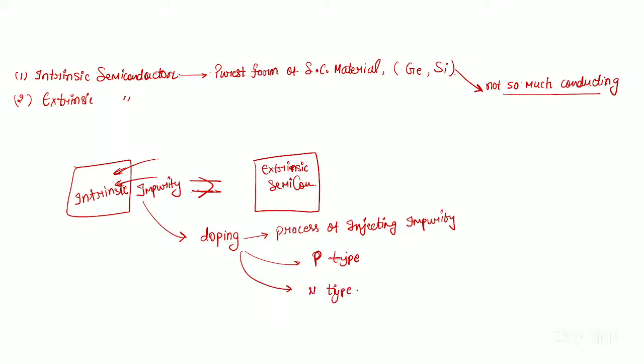P type injection is done with a trivalent impurity, and for N type we put in a pentavalent impurity.